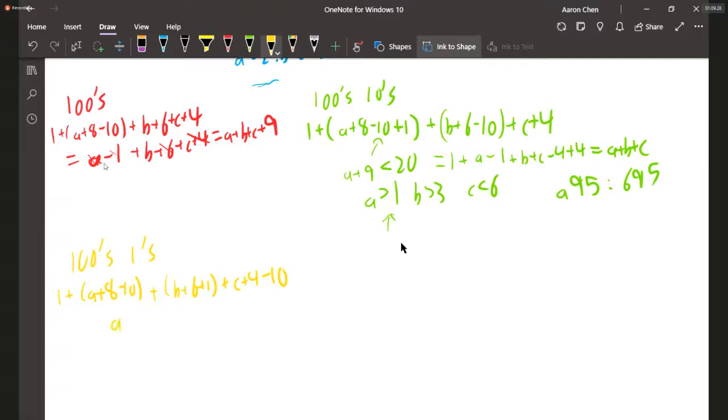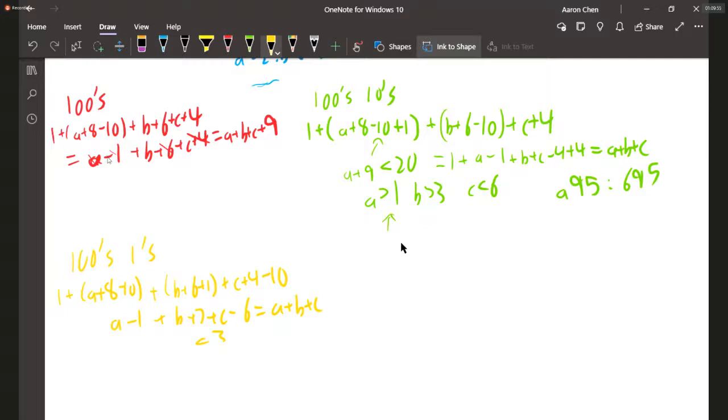And this is a minus 1 plus b plus 7 plus c minus 6, which is a plus b plus c. And now the restriction on the 10 digit not being able to carry is that the 10th digit must be less than 3.